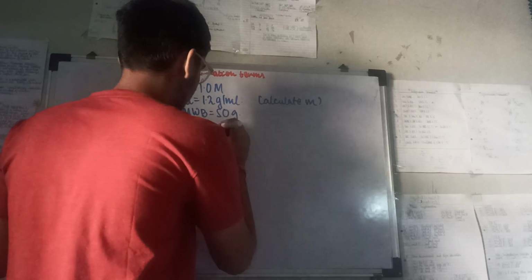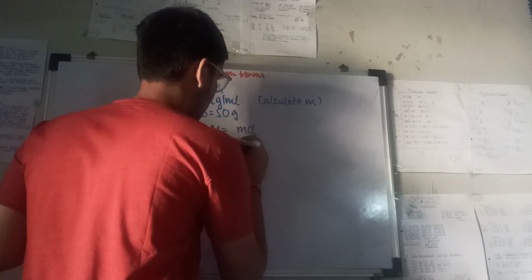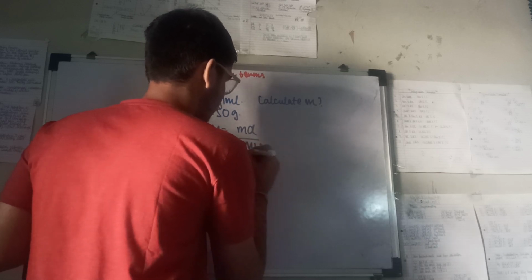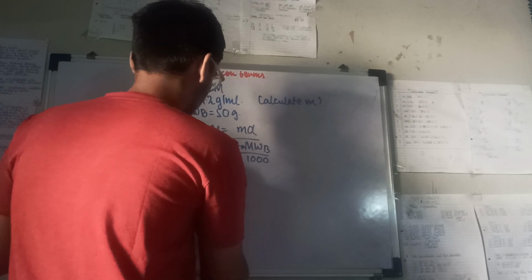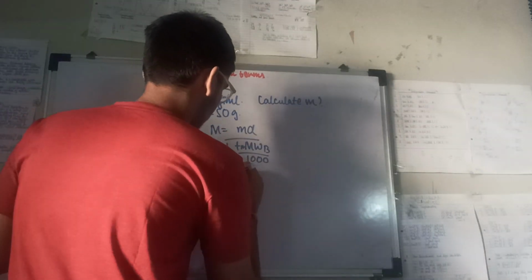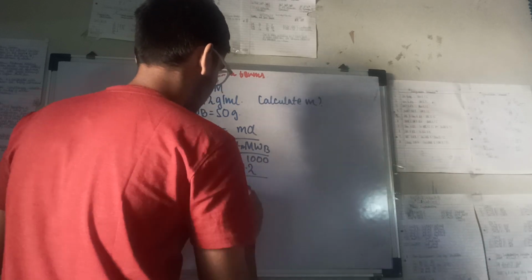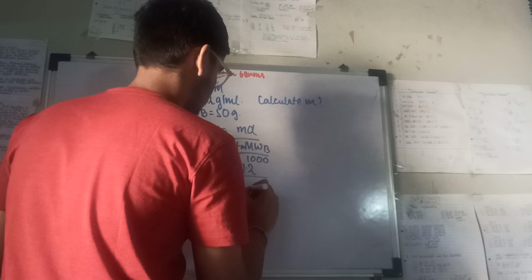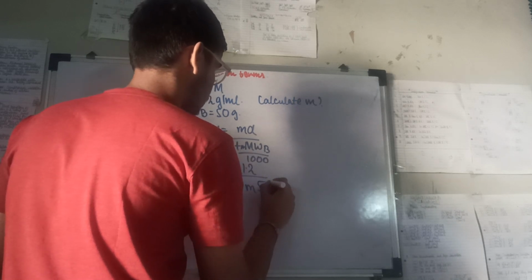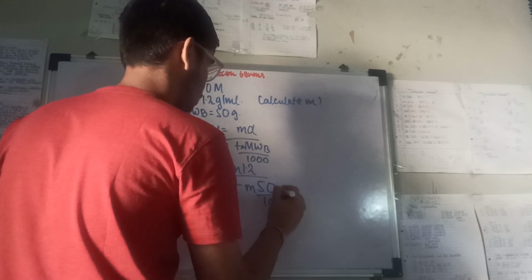Relation we are using, M is equal to m d by 1 plus m small m times molecular weight of solute by 1000. So here M is 1.2 by 1 plus m into 50 by 1000.